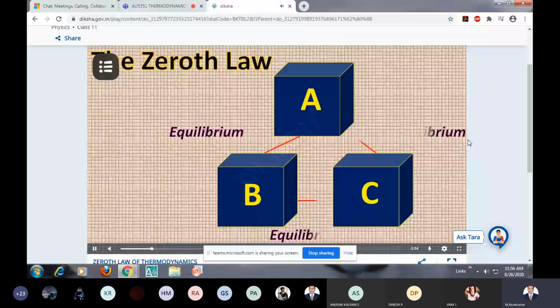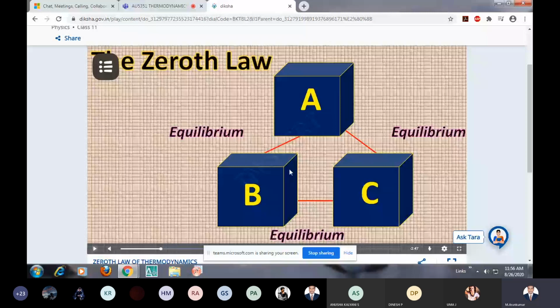So there are three systems: system A, system B, and system C. These two systems, A and B, are in equilibrium, and A and C are in equilibrium, but B and C are not in equilibrium in contact.